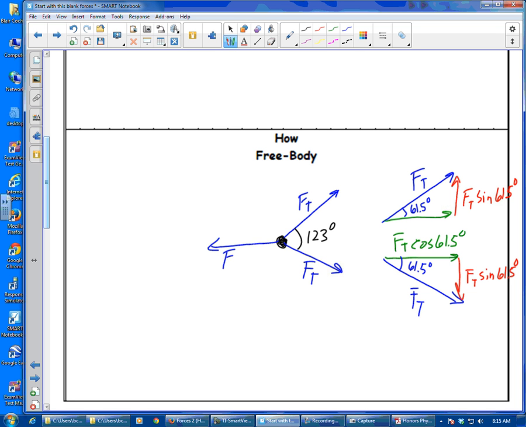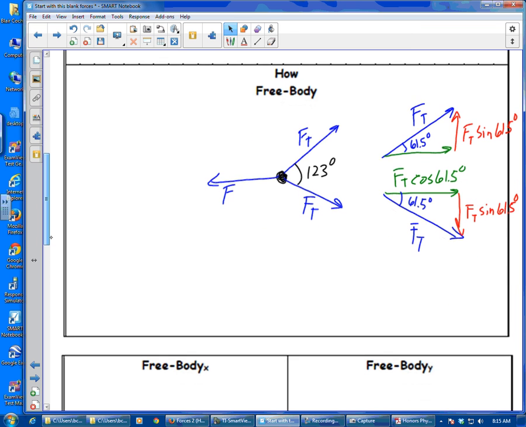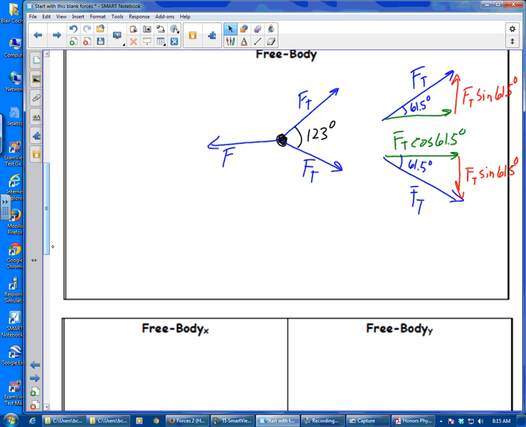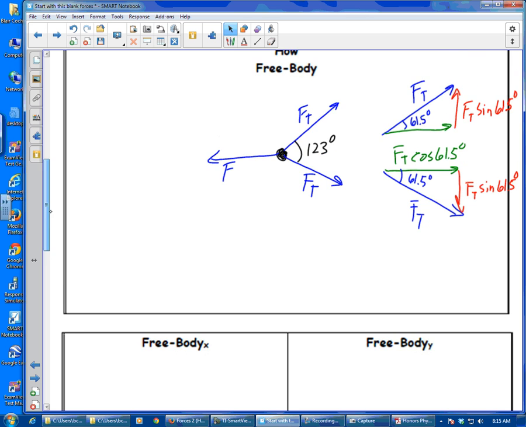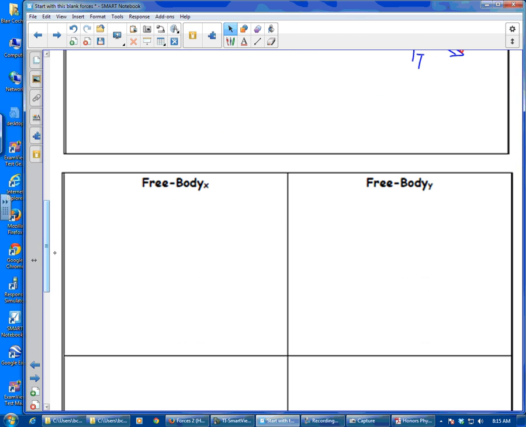They want to know what that tension is, and so here's where I'm going to be selective, and well, I'm going to do both, but you may not have to do both sides. I'm going to do the free body for both sides, so in my X free body and my Y free body. Now, as you get better at these and you see, oh, wait a minute, I don't really need to do that free body because I'm only interested in that side, feel free to not do anything on the other side.